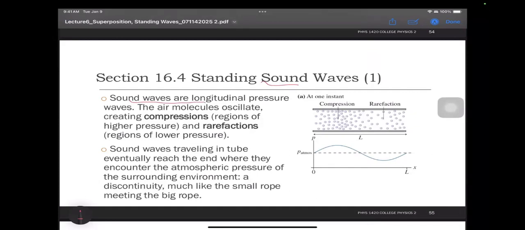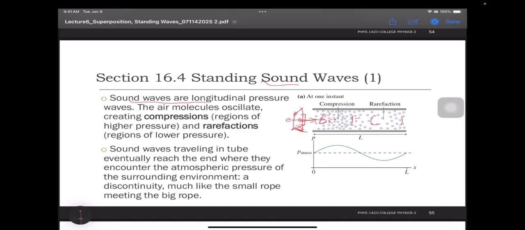The air molecules oscillate right and left. For example, a speaker moves left and right to oscillate, creating compression and rarefaction.